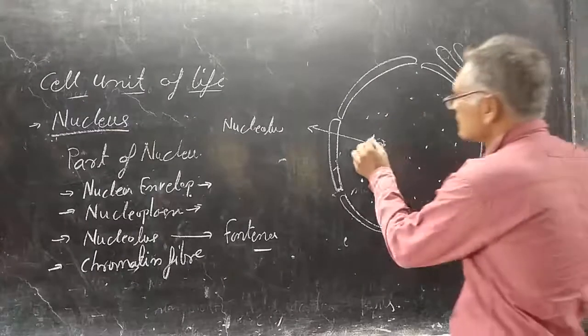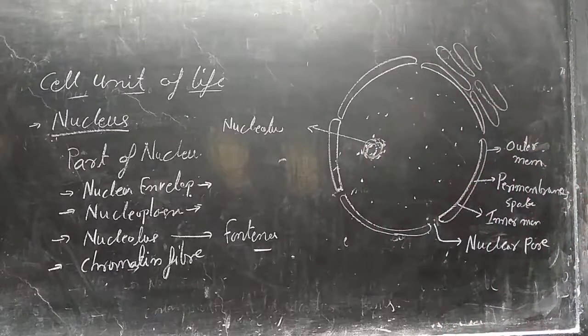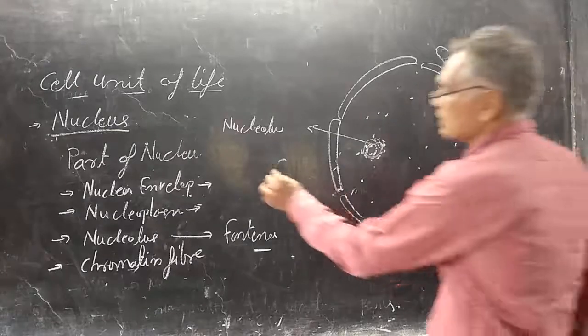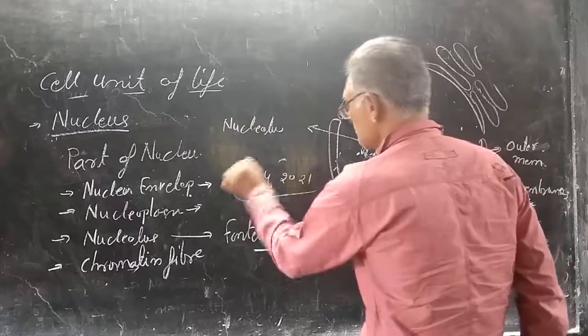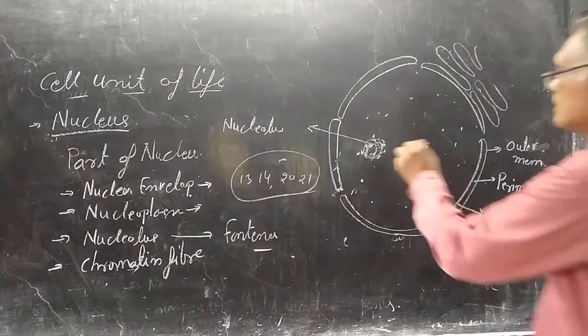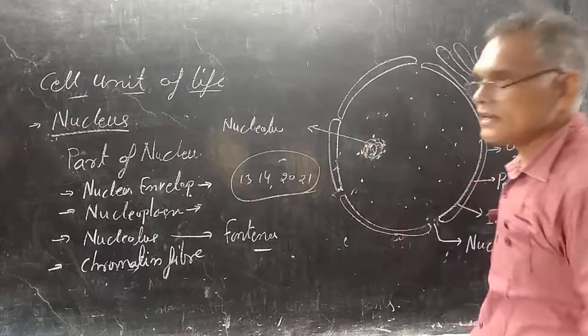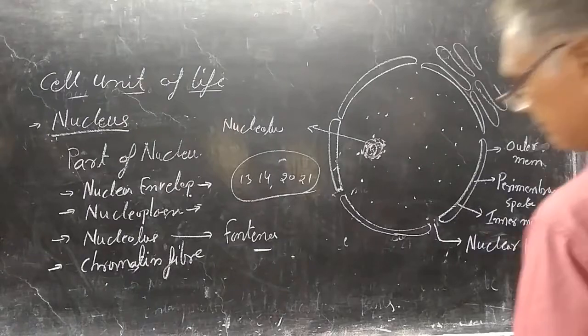The nucleolus origin depends upon different chromosomes, that is chromosomes 13, 14, 20 and 21 in human beings. The nucleolus contains some granules and a fibril portion, which was first investigated by Fontana.